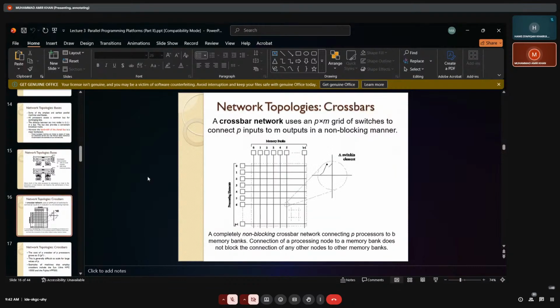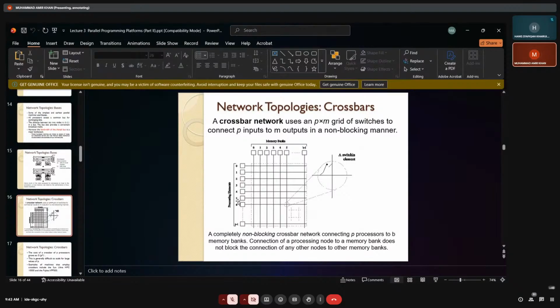And number two is the crossbar network. A crossbar network uses a P by M grid of switches to connect P inputs to M outputs, and definitely in a non-blocking manner. This is a variant of the topology, called crossbar. We have memory banks or memory blocks, and we have processing elements. All processors are integrated with the memory.